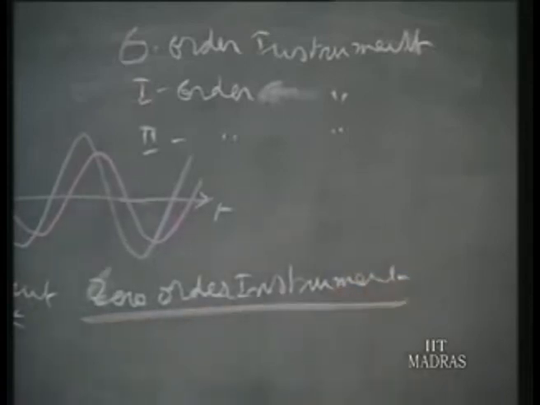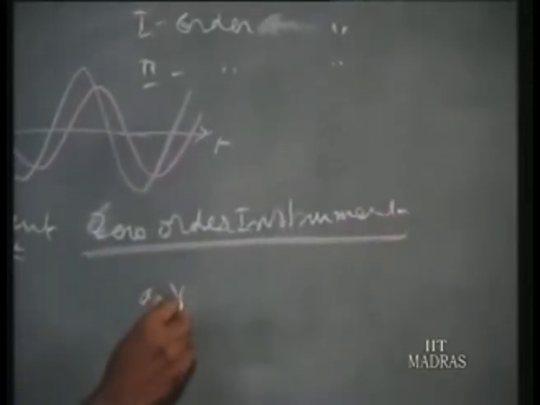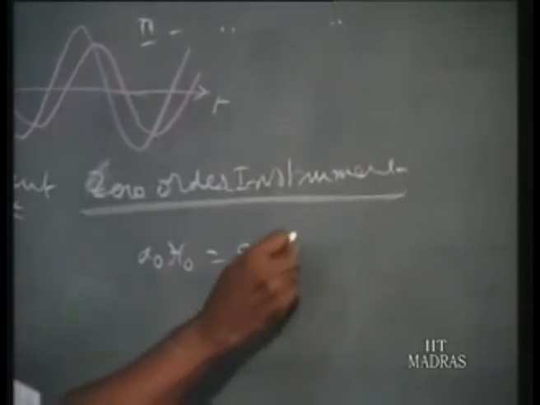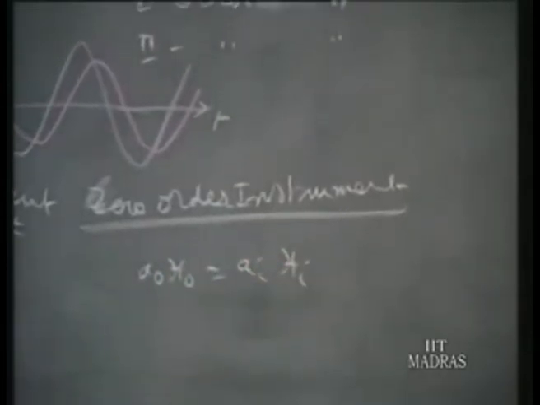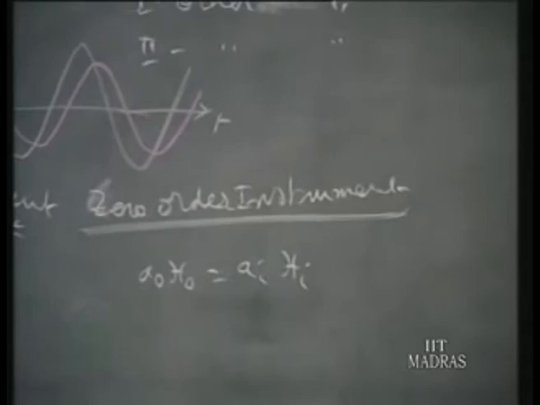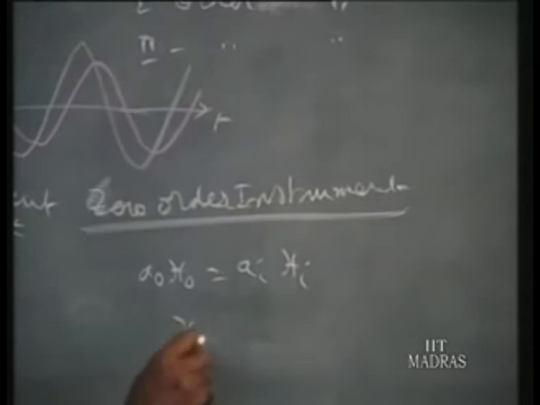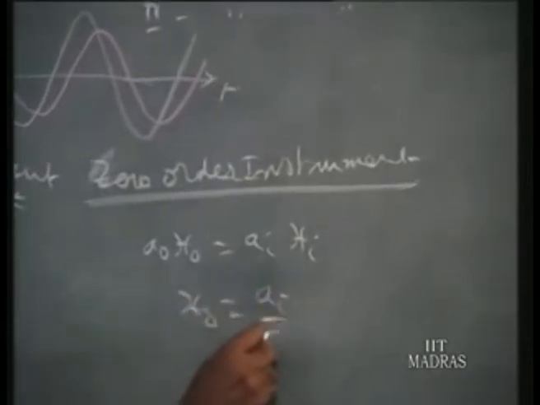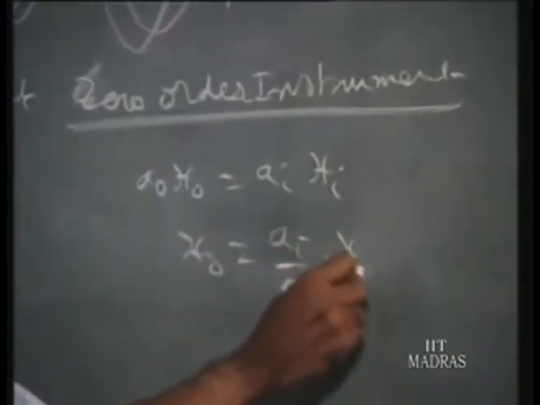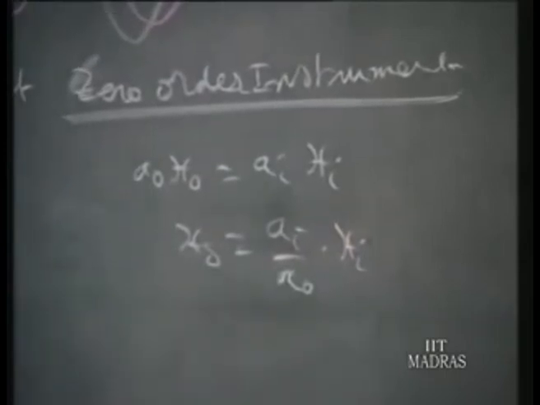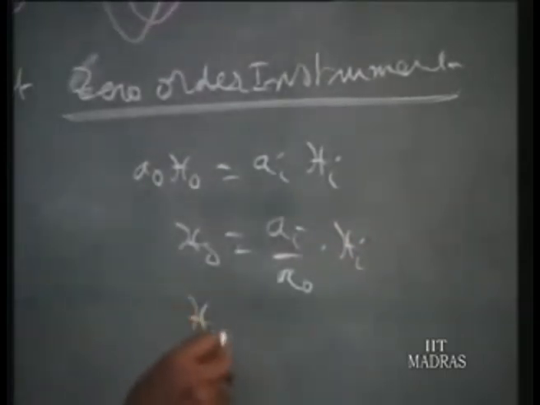It is represented by A0 x0 = AI xi, where xi and xo are input and output signals, and A0 and AI are the physical parameters. So it can be rewritten as xo = (AI/A0) xi, and this AI/A0 is normally called sensitivity.